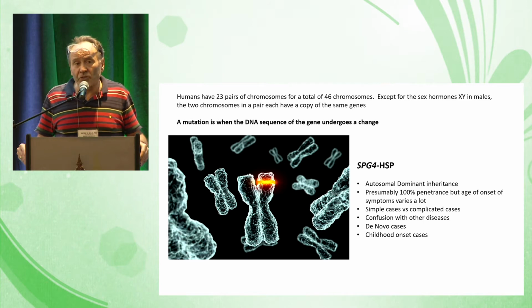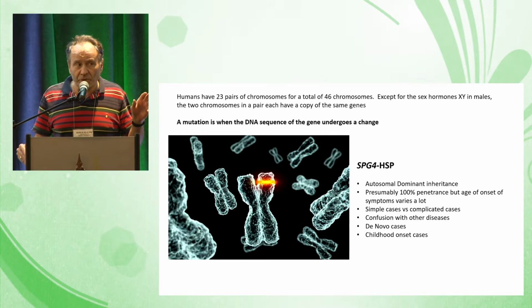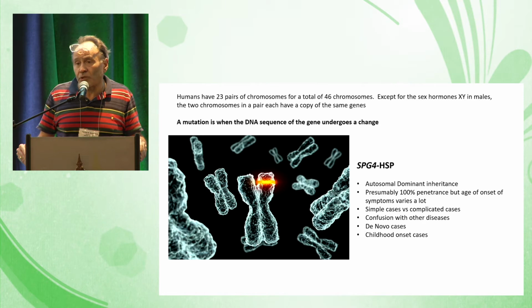But these small children who acquire what's called a de novo or spontaneous mutation, their genetic background's not used to it, and it's going to hit them very, very hard. And it's the same mutation that adults have. It's not a different mutation. So that's one of the mysteries that we're working on.